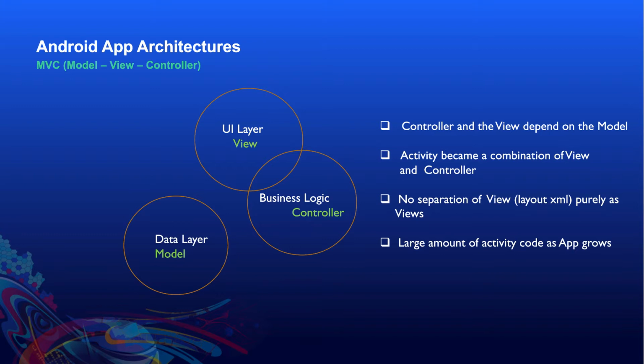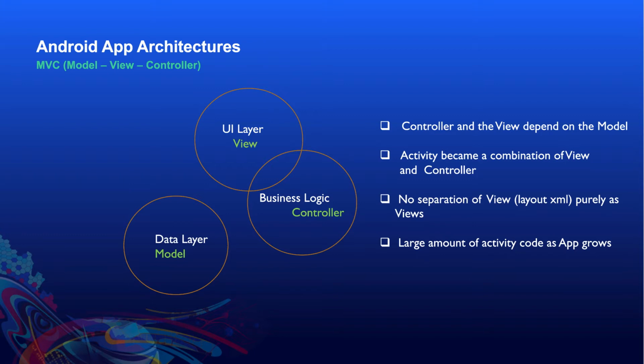If you remember the early Android architecture code, the activity itself is a combination of view and controller. You would have to embed both the code in the same activity, which makes your activity code just grow in size as the app grows.